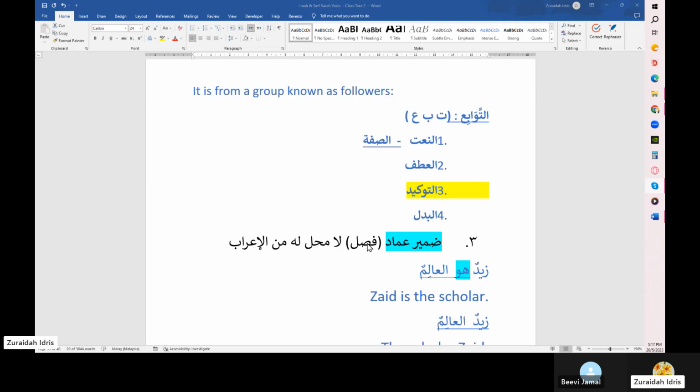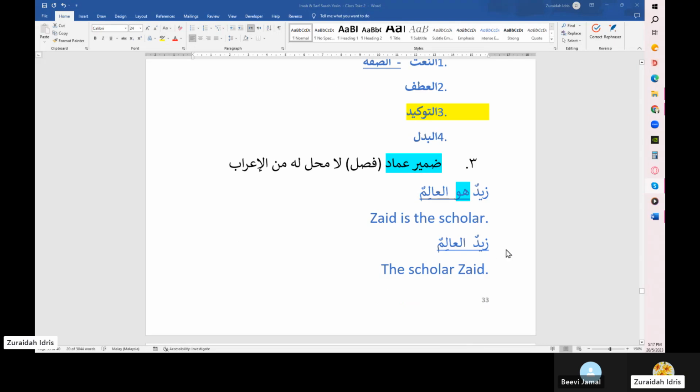So what do I mean by this? We said that in the case of something like Zaidun al-alim, we actually want to say Zaid is the scholar. But if you look at it, it's like mausuf and sifah. It could have been the scholar Zaid. But no, that's not our meaning.